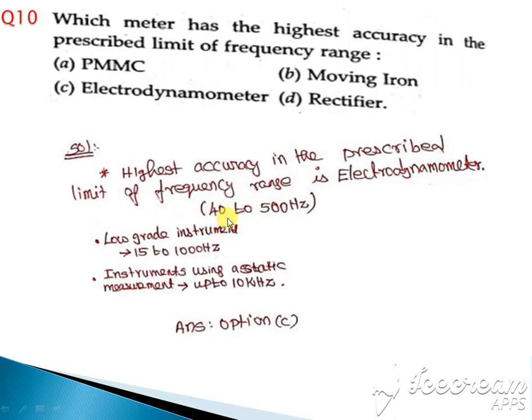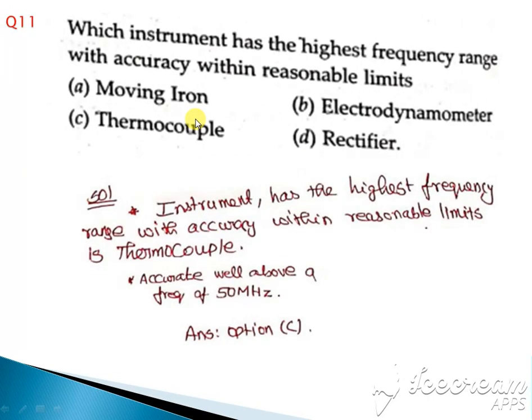The frequency range is from 40 to 500 Hz. For low grade instruments it is applicable from 15 to 1000 Hz. For instruments using astatic movement, by using the extra astatic movement arrangement, we can measure frequency up to 10 kHz. The correct answer is option C.